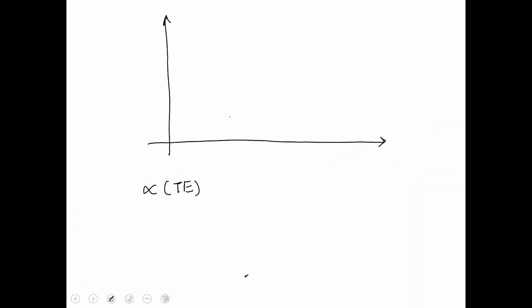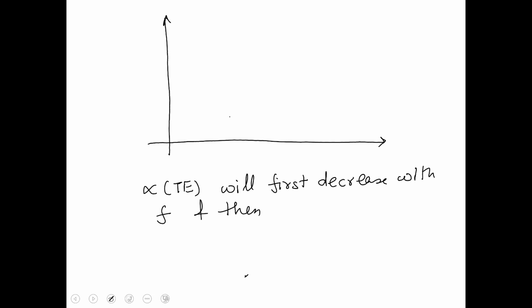So if I was going to plot this, now there are two competing factors. One, we notice alpha TE will first decrease with frequency and then increase.